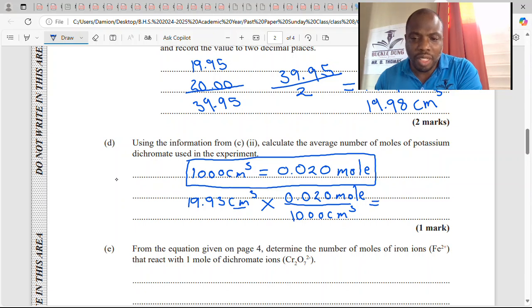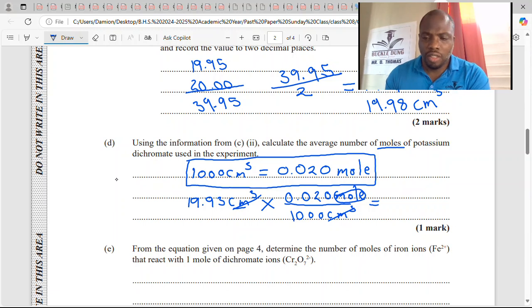And of course, to make it even more beneficial, centimeter cube cancels centimeter cube, leaving our answer in mole. What did the question say? Calculate the average number of moles. So we see that we're getting to the answer. So what is the answer here?